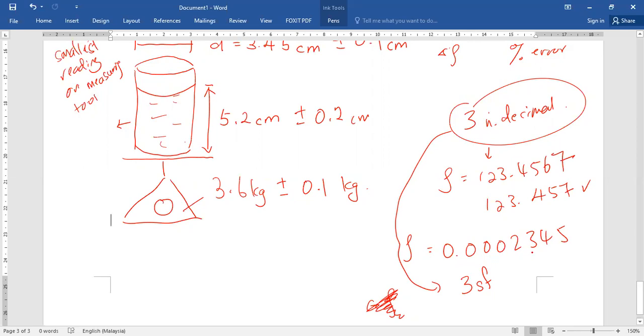First significant figure, second, third. As a result, we choose 0.000235, for example. So this is for the second case. If not, we use the first method. Okay, understand?